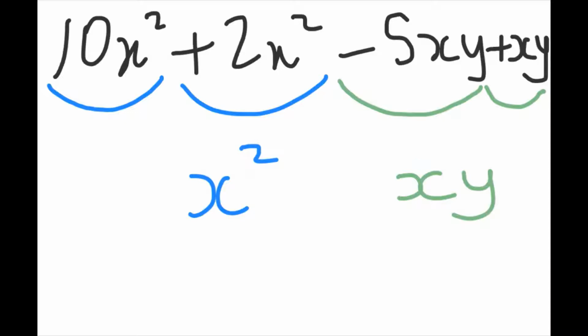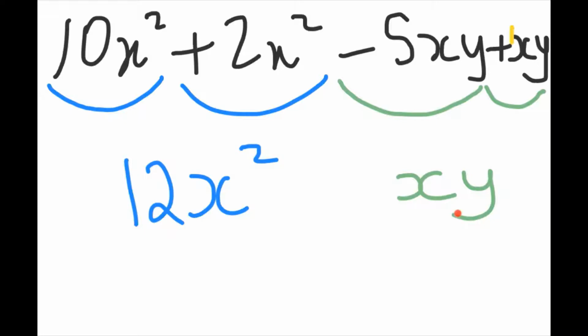So let's start with x squared. Here we have 10x squared plus 2x squared. If you treat x squared as one term, you can just put the x squared over here like I did, and then just say 10 plus 2, which equals 12. Then the xy, if there's nothing in front of this x there, just see that as an invisible 1.